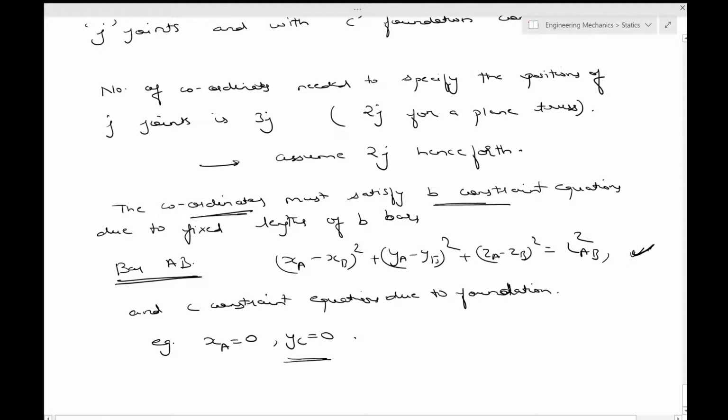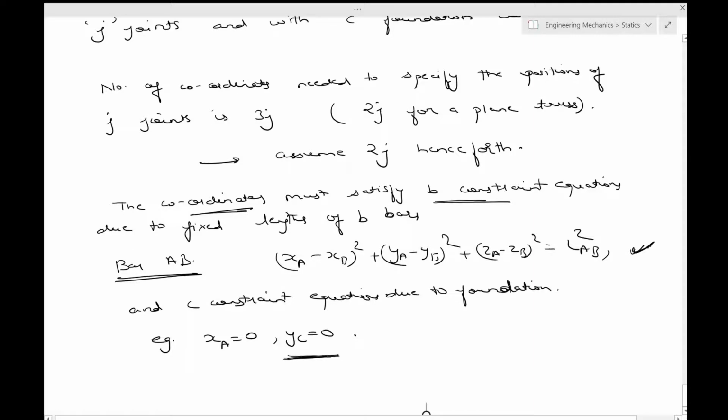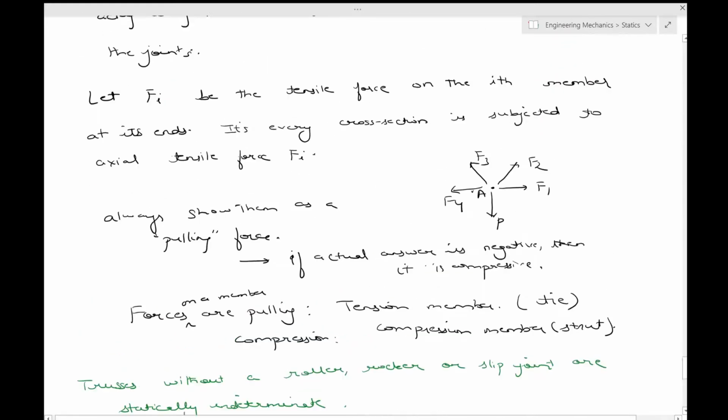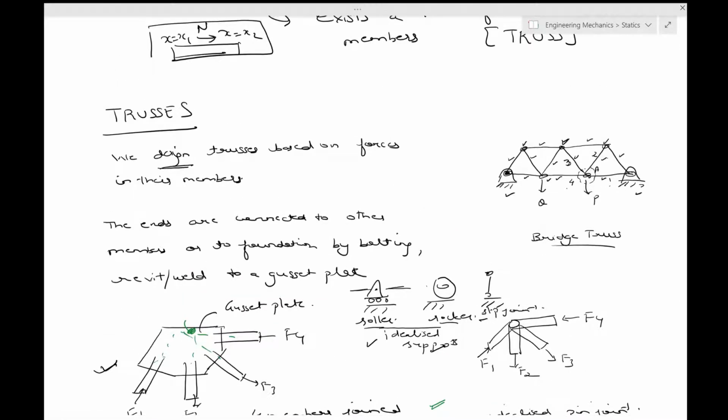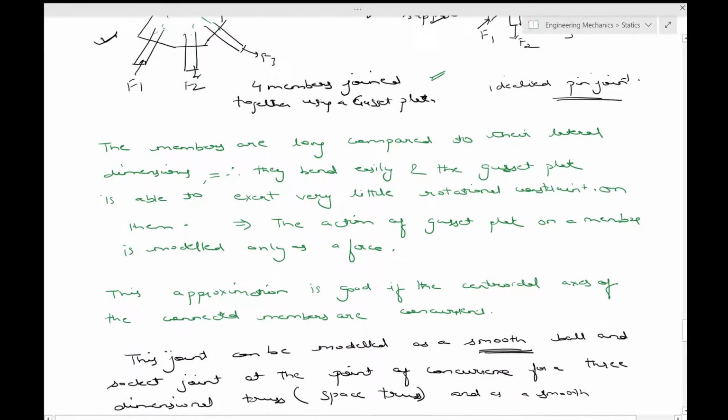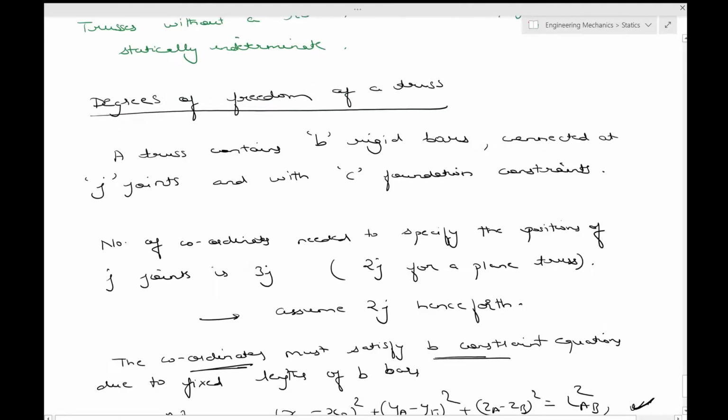That the y coordinate of the constraint is 0, because it's not allowed to move in the y direction. So that's one example, and similarly you can have the x coordinate of A also be 0. You can look in this truss, and for A you can say this. This is just an example, but you can see this.